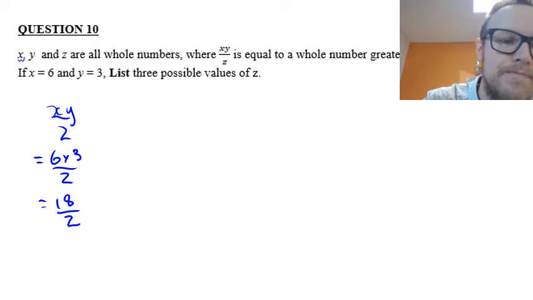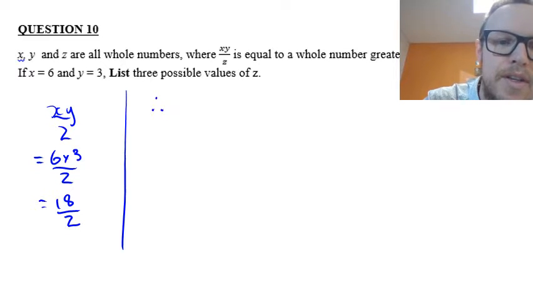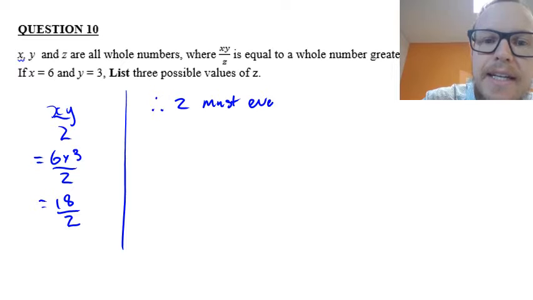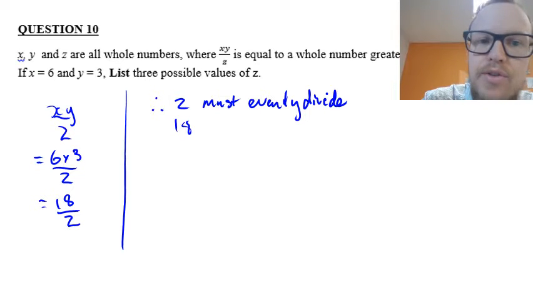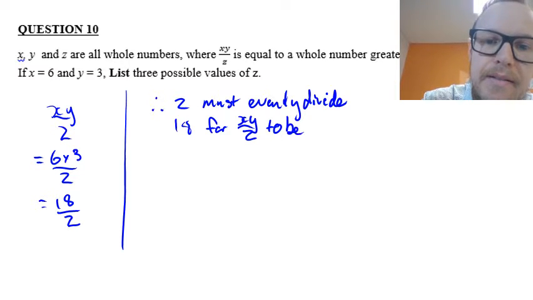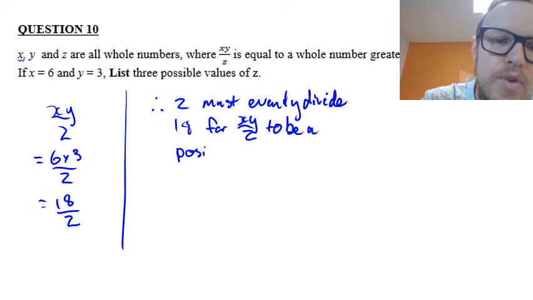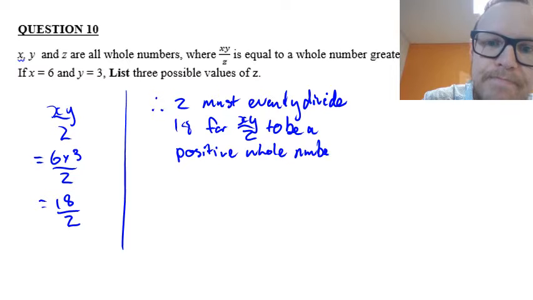So therefore, z must evenly divide 18 for xy over z to be a positive whole number.